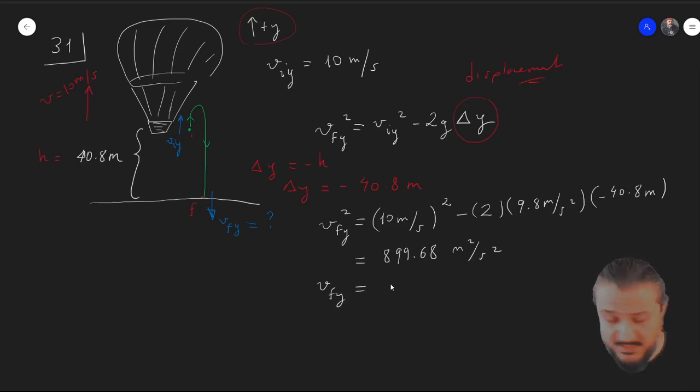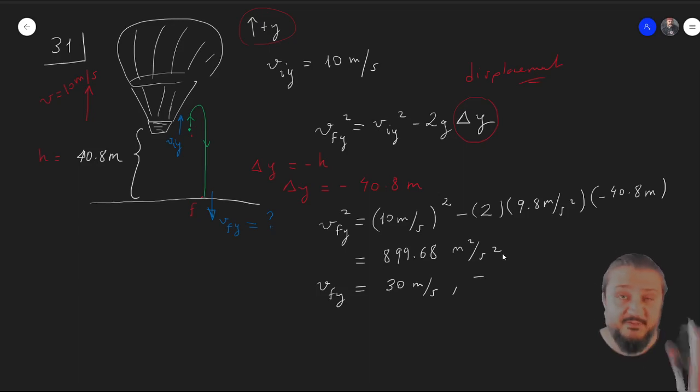There are two answers: 29.9, let's call it 30. But there's also a negative result. Your calculator will not tell it, of course, but you have to remember. Whenever you're taking the square root of a number, you will have two roots. Negative 30 meters per second.